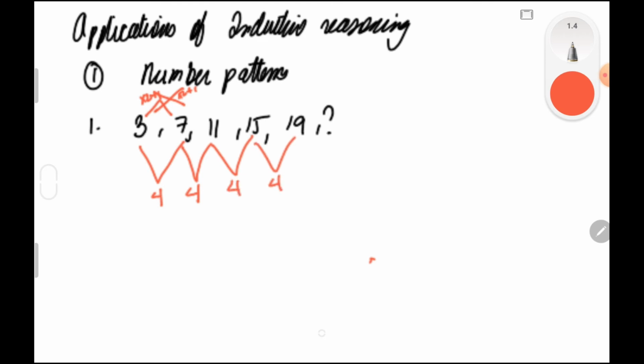From that possible pattern, pwede ko mag-draw ng conclusion na ang susunod dito will be plus 4, which is the answer, 23. Okay? That is our observation through pattern.